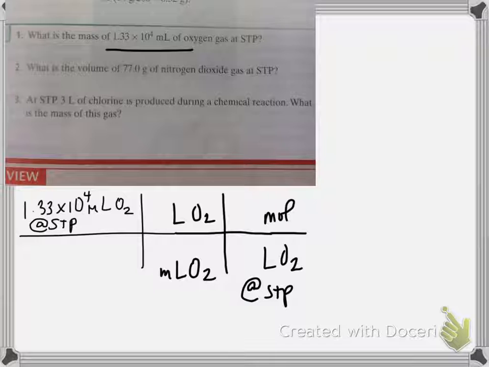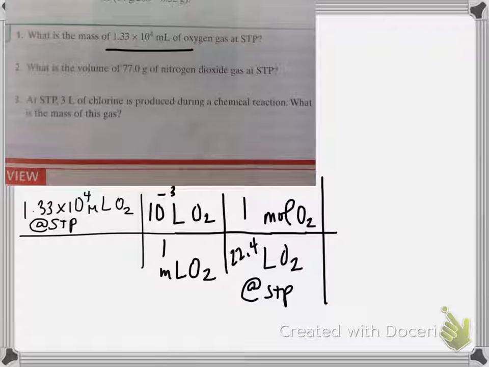So I have a mole relationship. 1 mole of O2 at STP is 22.4 liters of O2 at STP. What's my relationship between milliliters and liters? 1 milliliter is 10 to the negative 3rd liters.